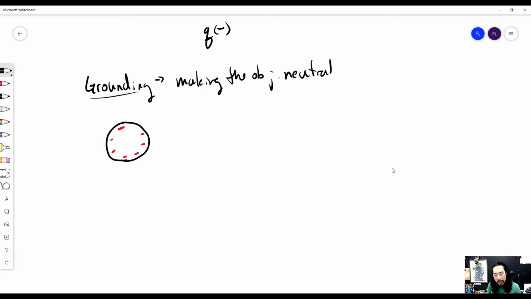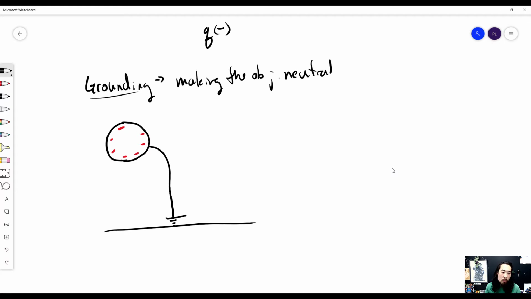So let's say that's a floating metallic sphere and it is negatively charged, and if you were to touch that metallic sphere with your finger, because your feet are on the ground, what will happen is that the excess charge from the object will go into the ground, thus becoming neutral. And we can draw it like this. So there, and we draw ground like this.